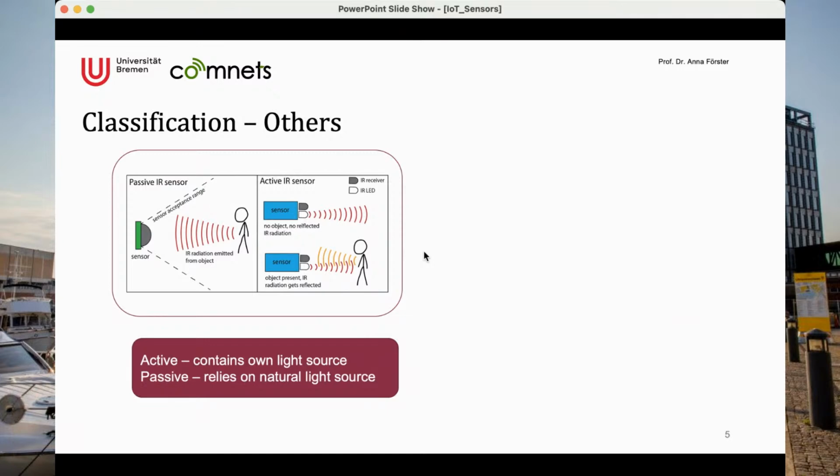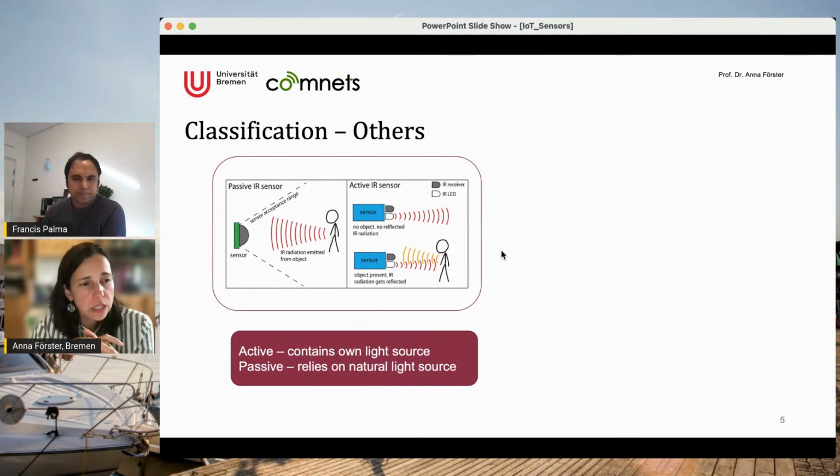Another way of classifying sensors is to say, are they active or passive? Active means that the sensor actually has to actively start a measurement. For example, an infrared sensor, which is trying to understand whether an obstacle is somewhere in front of you, first has to send the signal out, so an infrared signal, and see whether it gets reflected.